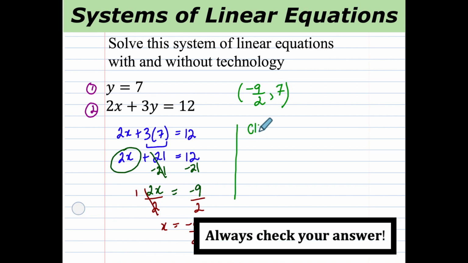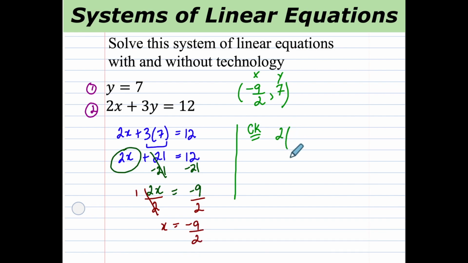Let's check our work here. The x value and the y value will get plugged into the second equation. 2(-9/2) + 3(7). Does that equal 12? We have 2 times a half, or 2 divided by 2 is 1.